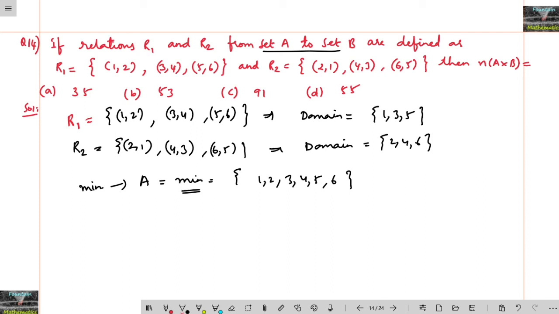And coming to the set B, set B is also the range we can consider.